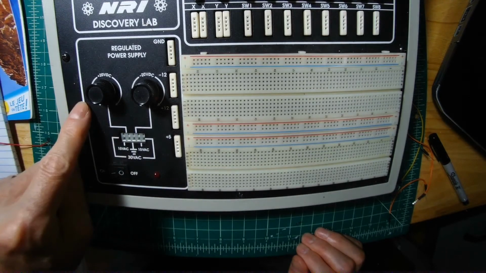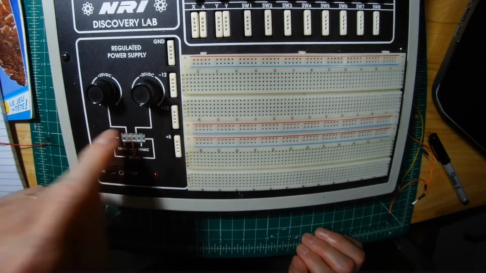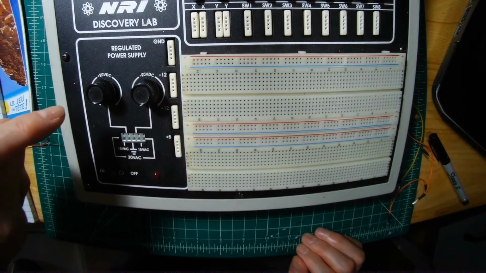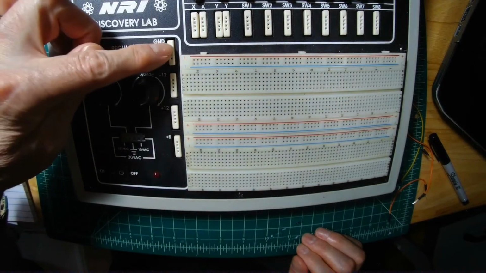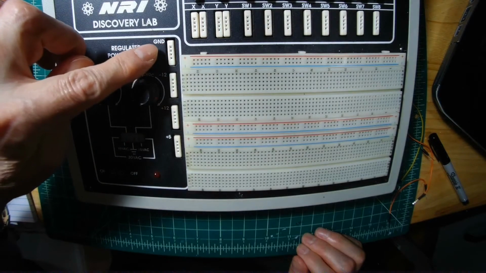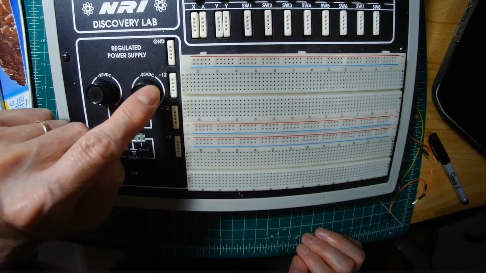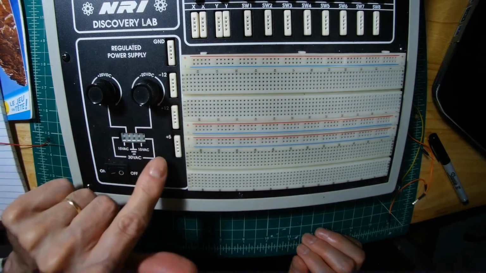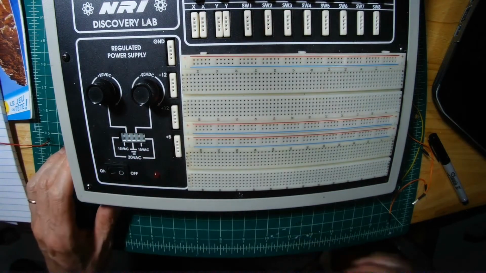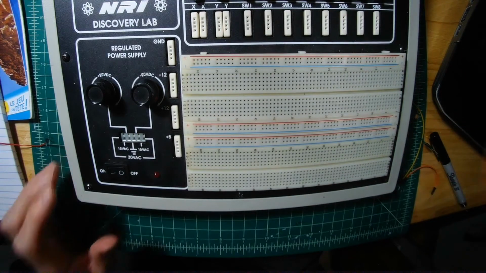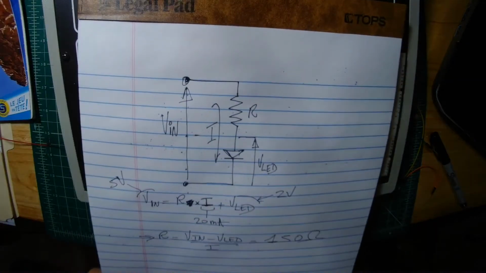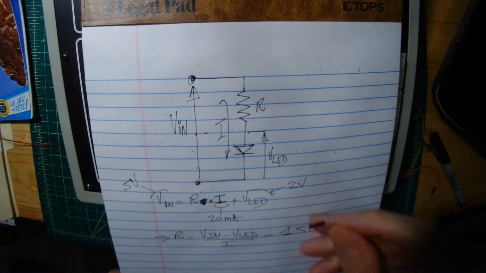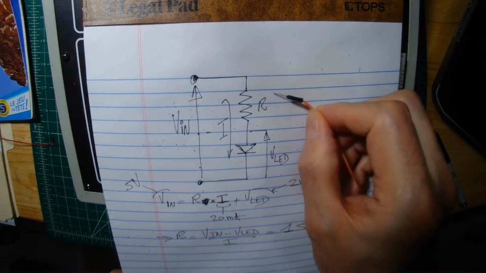You can have a positive, negative, any value you want, between -12 and 12, I think. But you can also get those predefined values. You have the ground here, -12, +12, +5. Pretty cool, huh?